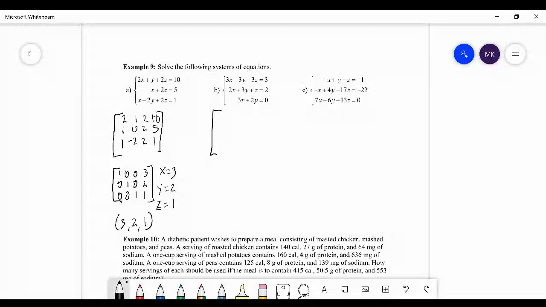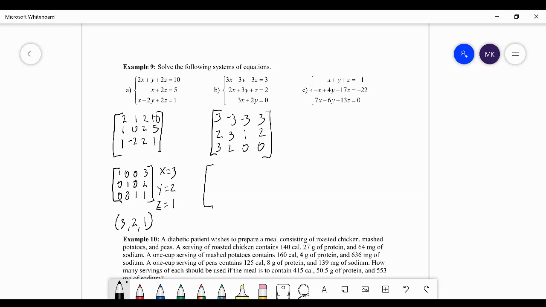Our augmented matrix is 1. Oops, not 1. Sorry. 3, -3, -3, 3, 2, 3, 1, 2, 3, 2, 0, 0. Okay.